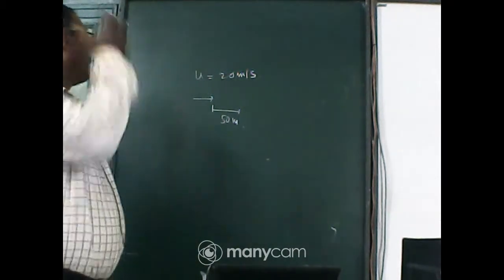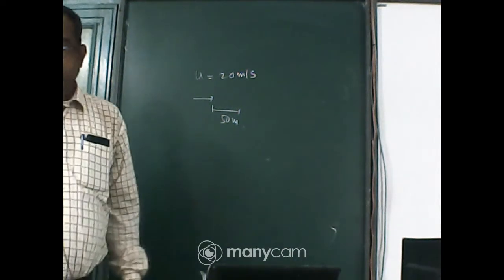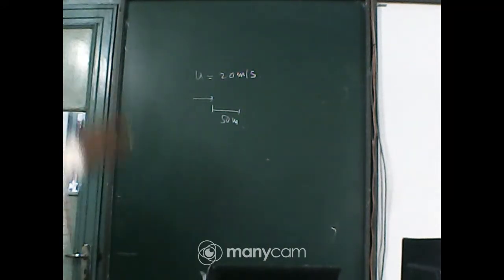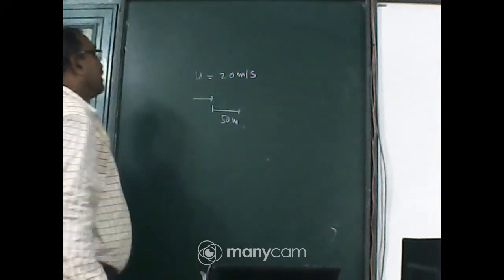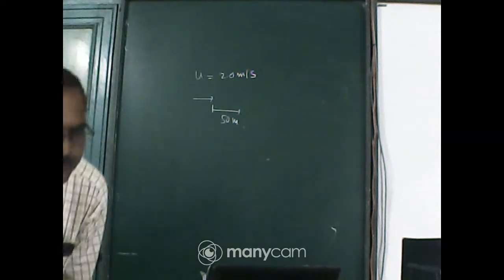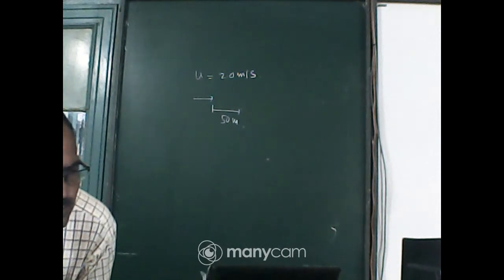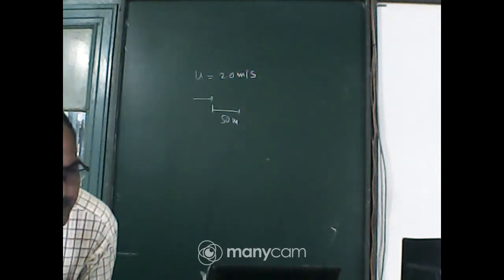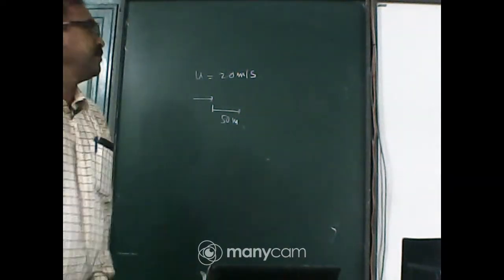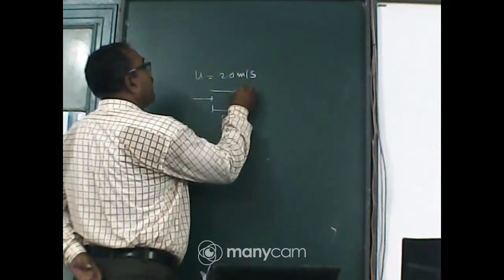Is to stop. You see here, the final velocity of the car will be 0.